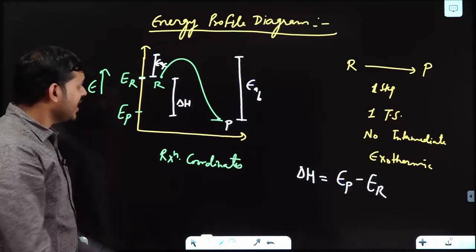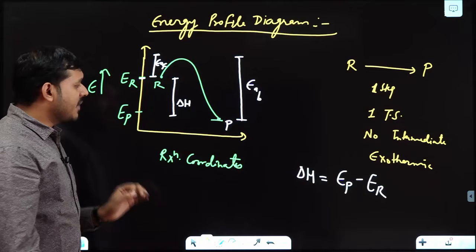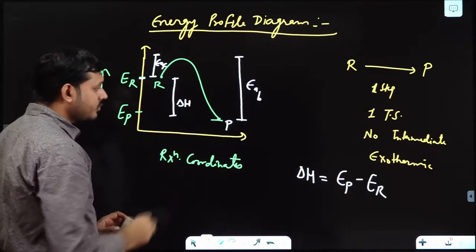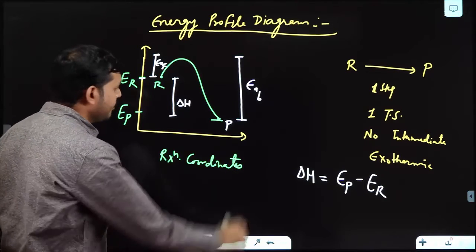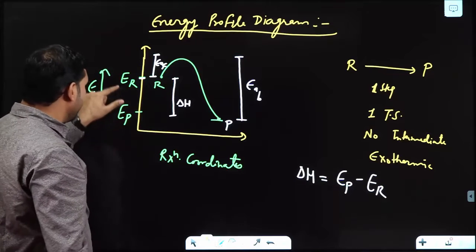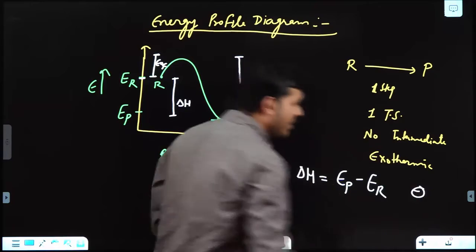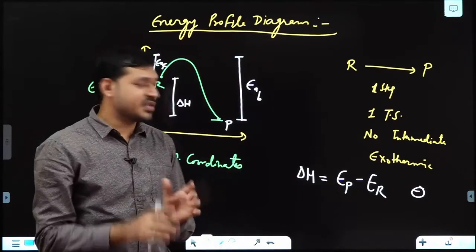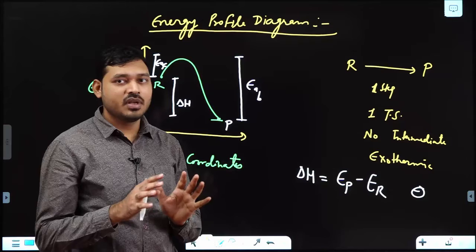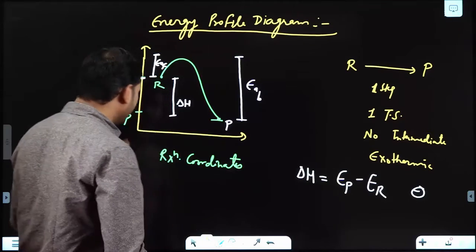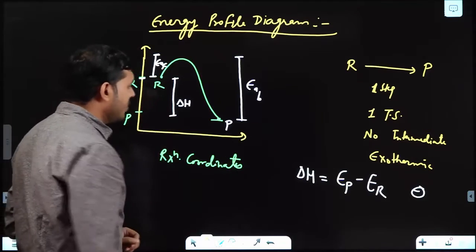Clear? Now, in these terms, exothermic, okay, EP value is lesser, ER value is higher. So this is your negative. As we know, exothermic reactions have delta H negative, okay. Energy is decreased, so negative.